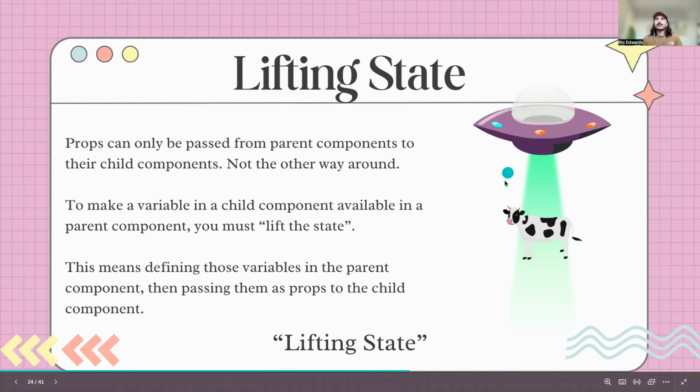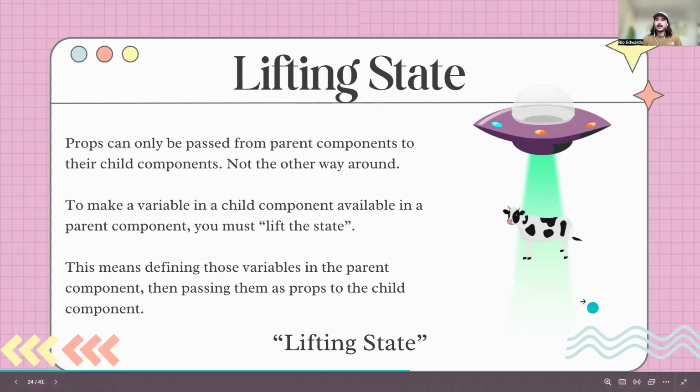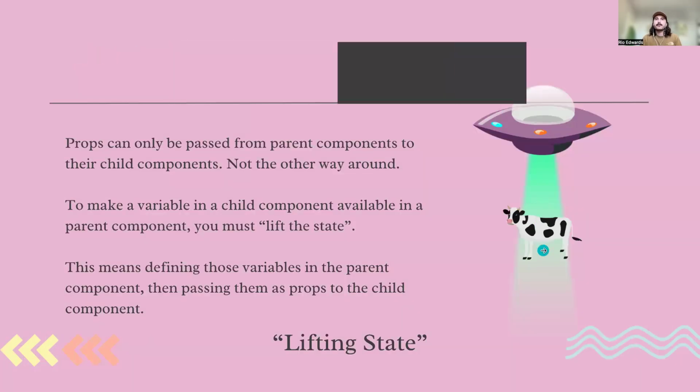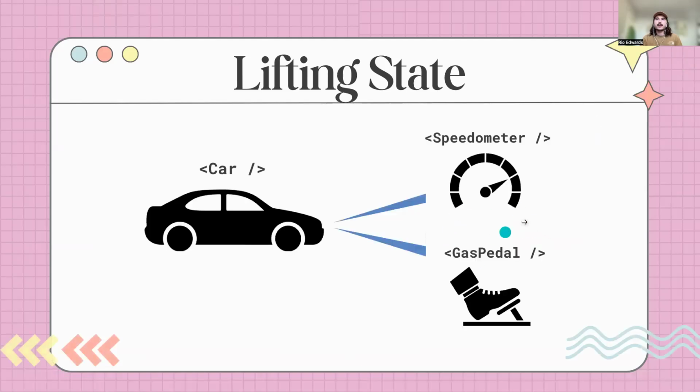And here I have this little visual. We could imagine the UFO is the parent component, the cow is the state, and maybe the earth is the child component. So we're pulling that state up. We're pulling it backwards into the parent components in the DOM. And I have a little example here to demonstrate that.